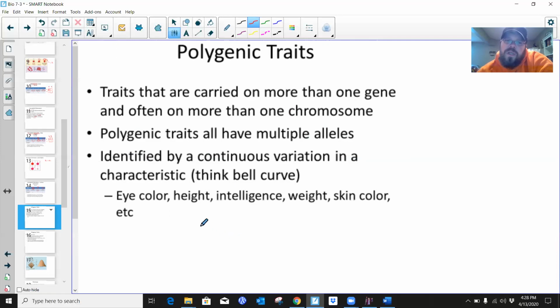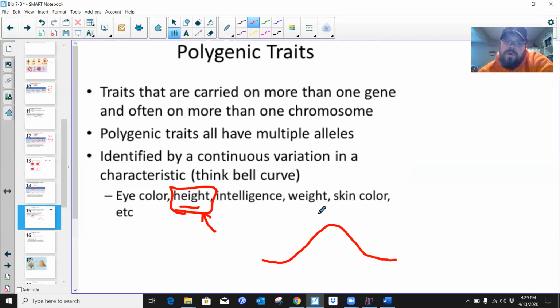In the human population, and this is why I had you email me your height, because we're going to look at this with the data you created and the data that I've collected over the years, there is an average, this sort of bell curve.